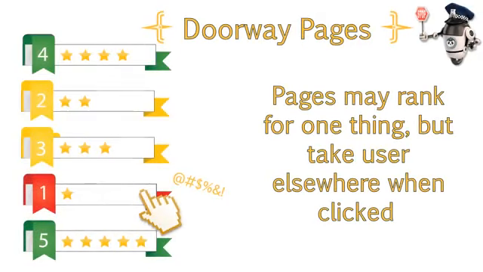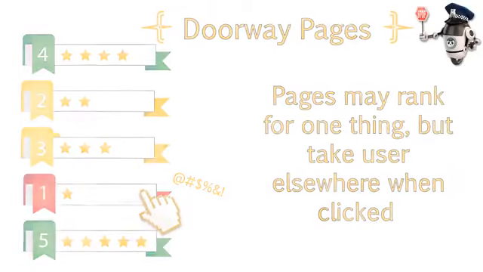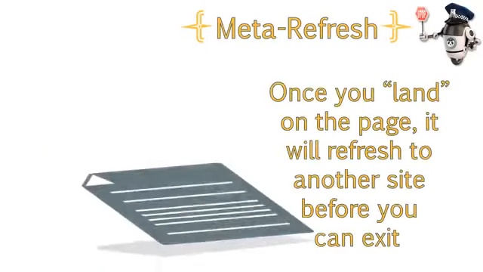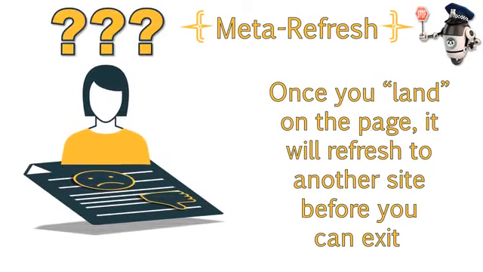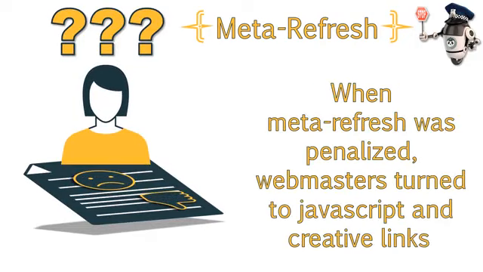In order to get the page to show in search engines, webmasters would often use what is known as a meta refresh, which means that once you land on the site, it will then refresh to another site before you can hit the back button. Google began penalizing sites using the meta refresh technology. And then, webmasters began using JavaScript, or tricking the visitor into visiting the desired destination through creative linking.